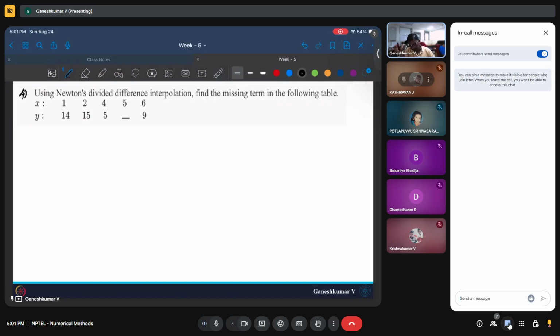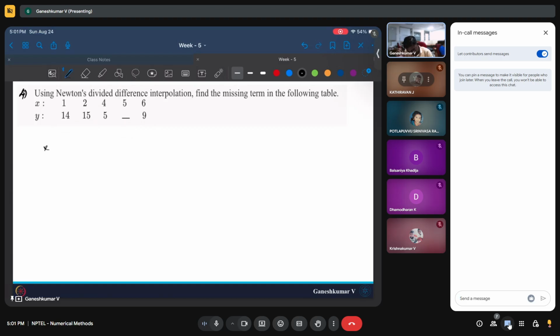Since we don't know the value here, we will remove this data point. If we remove it, we have only 4 data points. Using these 4 data points, you construct a Newton divided difference polynomial, and for the 5th data point, x equal to 5, you use that polynomial to find the function value.